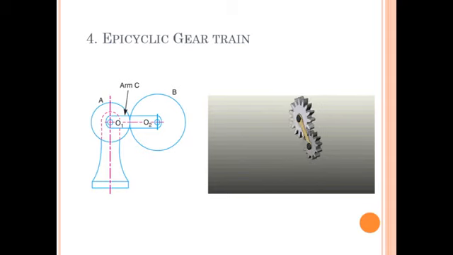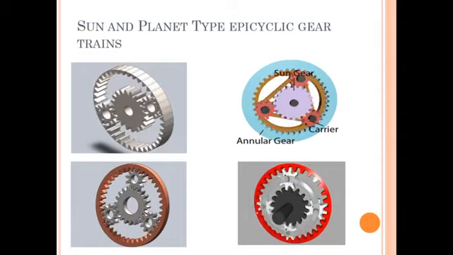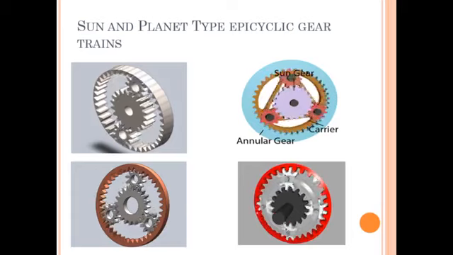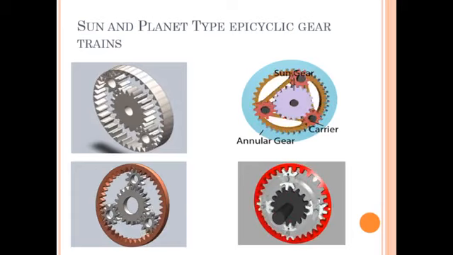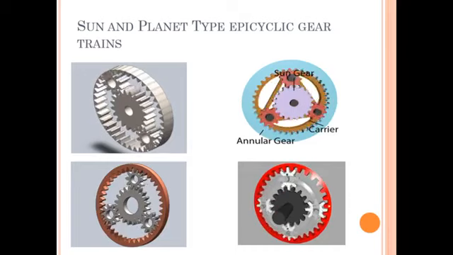Epicyclic gear trains are used in the back gear of the lathe, differential gears of automobiles, hoists, pulley blocks, and wristwatches also. Now, these epicyclic gear trains are used generally in the sun and planet type of gear trains as well. That is nothing but sun and planet type of epicyclic gear trains are possible.